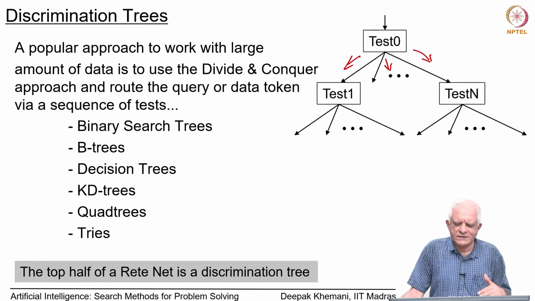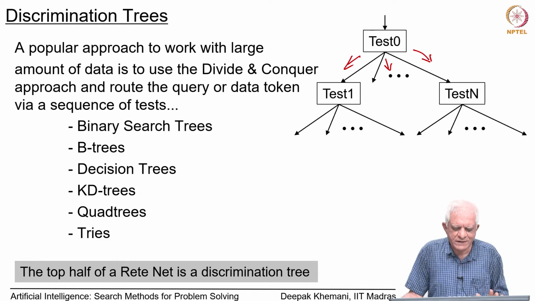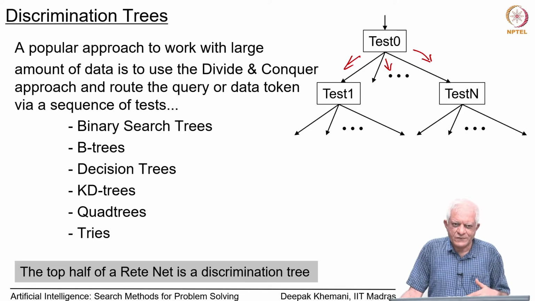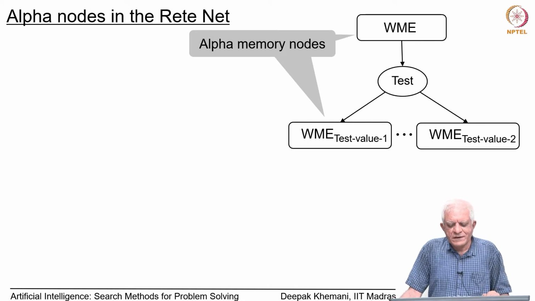All of them rely on this basic idea of discrimination, which says that you do a test and send the query or the data down a particular branch and then do another test and so on. So, the top half of our Rete Net is going to be a discrimination tree. This is how it will look.